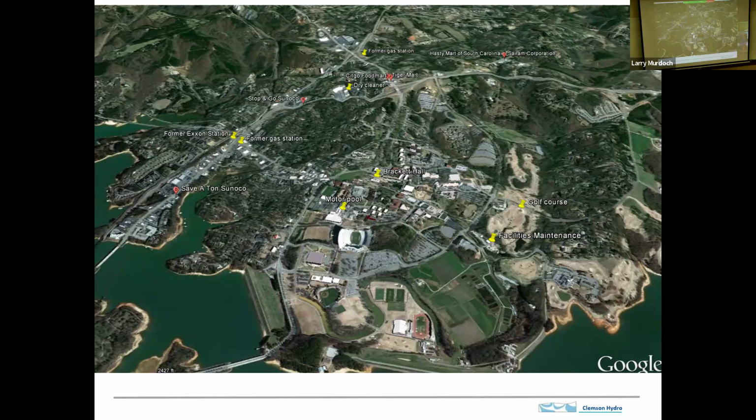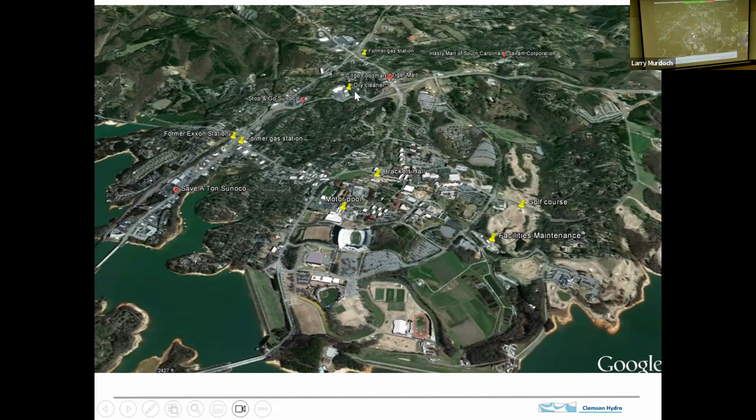Gasoline is hydrocarbons, probably the number one most common contaminant in groundwater from man-made sources. And you can see why, because there are many gas stations just within a mile or two of where we are now. There's also this dry cleaner.